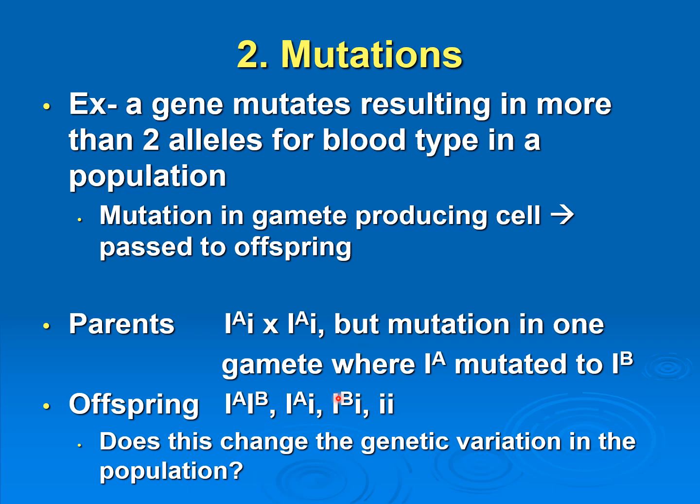So now in our offspring, we can have some different blood types. Not only do we have type A and type O blood types in our offspring, but we could also get type AB and type B offspring as well. And this will definitely change the genetic variation in the population.